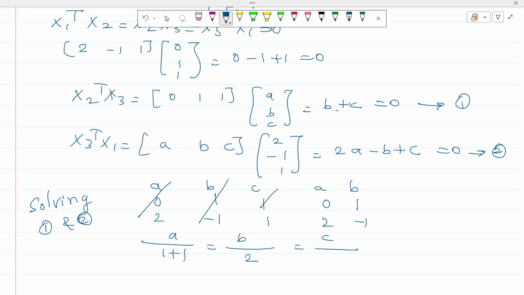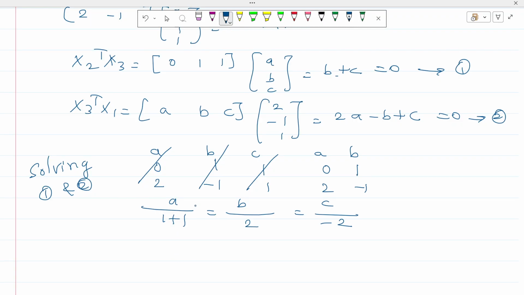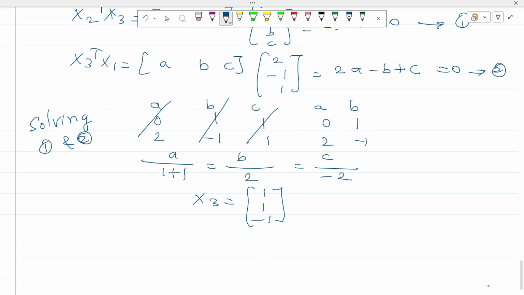C is, leave that column, then minus 2. So therefore A is 2, B is 2, C is minus 2. Therefore 1, 1, minus 1 is the third eigenvector. That means x3 is 1, 1, minus 1, which satisfies the orthogonality.